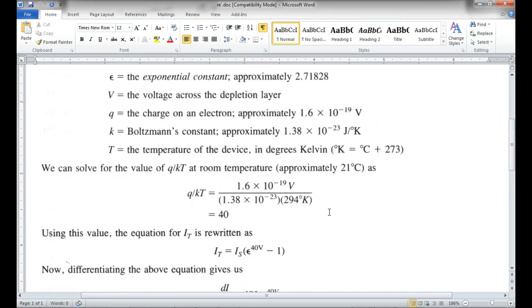They start off with all this math. E is the exponent constant, which deals with common logs, not natural logs. Voltage across the depletion region. The charge on an electron, approximately 1.6 times 10 to the minus 19 coulombs. Boltzmann's constant, which is 1.38 times 10 to the minus 23rd joules per degree Kelvin. Temperature of the device in degrees Kelvin. And then they come up with this big old formula.